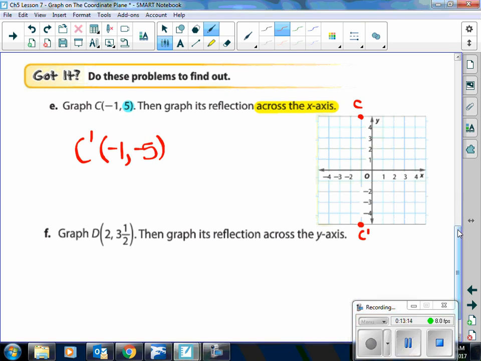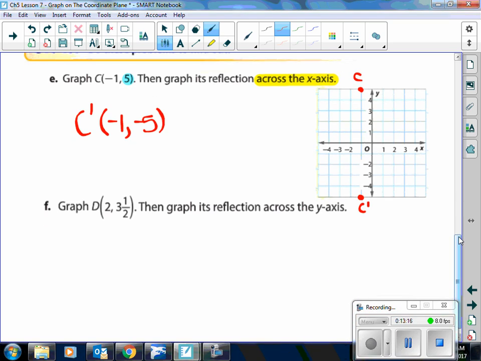For letter F, we're going to graph point D, which is at 2, comma, 3 1/2. So D is at 2, 1, 2, comma, 3 1/2. So that's 1, 2, 3 1/2 right there. That's D. Now we want to graph its reflection across the y-axis. If I'm reflecting across the y-axis, which value changes?